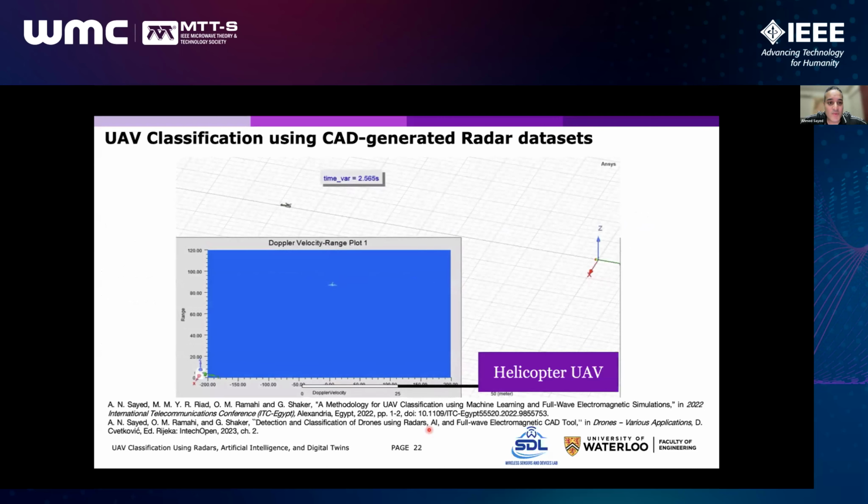For example, this is a helicopter drone moving in front of the radar, and this is the corresponding range Doppler map. As you can see here, the main Doppler of the helicopter body corresponds to a speed of almost 5 meters per second, and on the right and the left is the micro-Doppler signature of the rotation of the rotor blades of this helicopter.